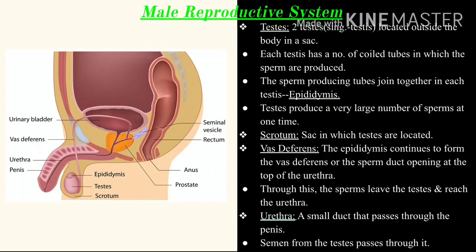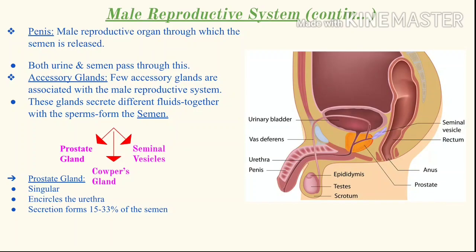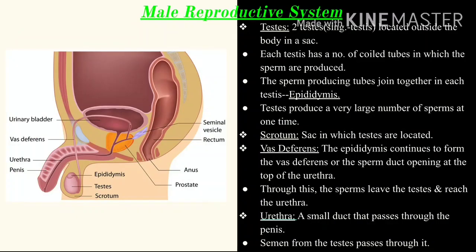There are two testes which lie outside of the abdominal cavity in a sac-like body called the scrotum, and the sperms mature in the epididymis, a tube-like body lying close to the testis. Then they travel through a long tube called the vas deferens, as given in the diagram, into the urethra, which extends from the urinary bladder to the penis.